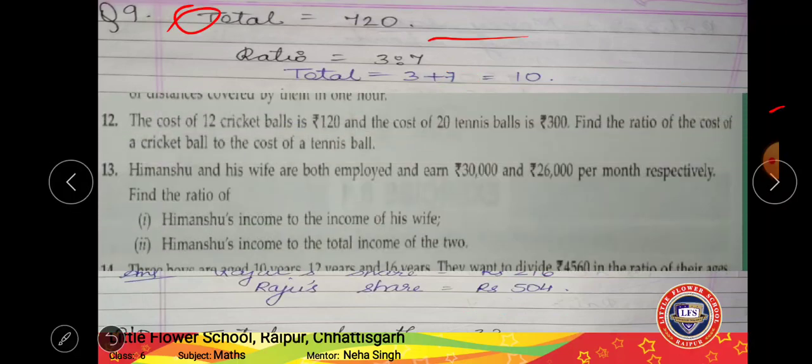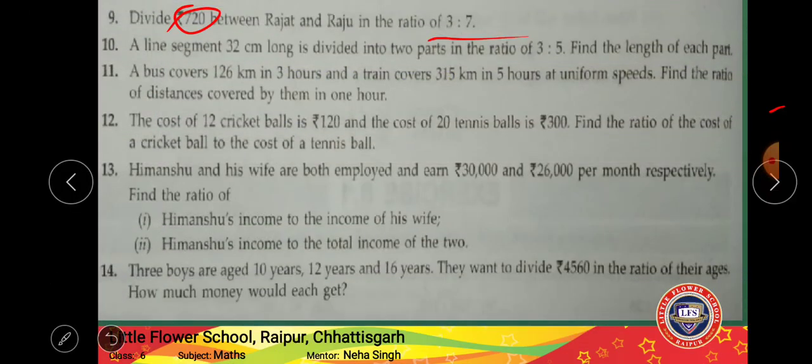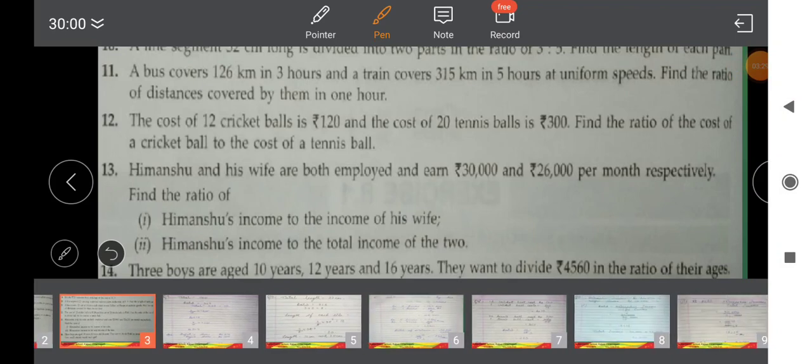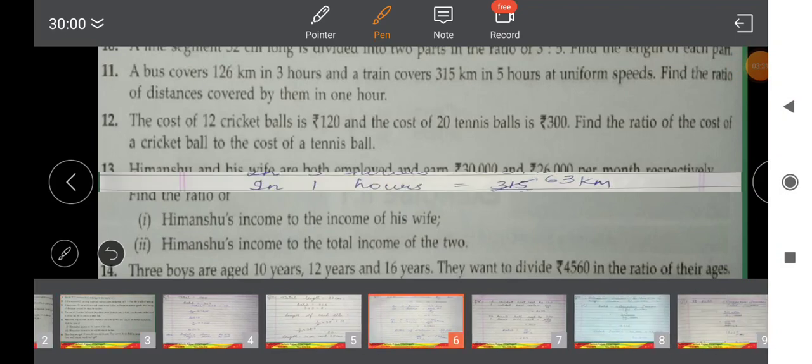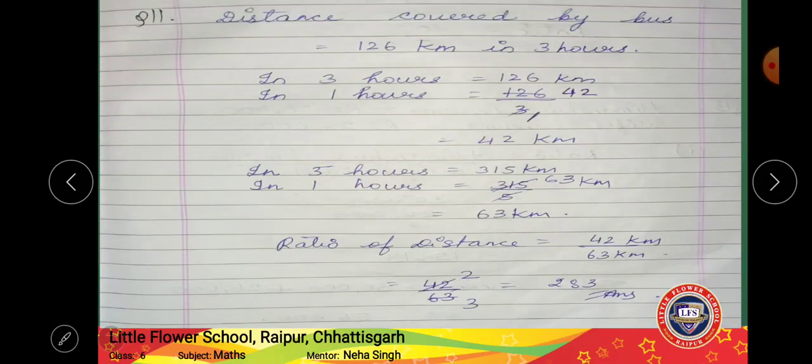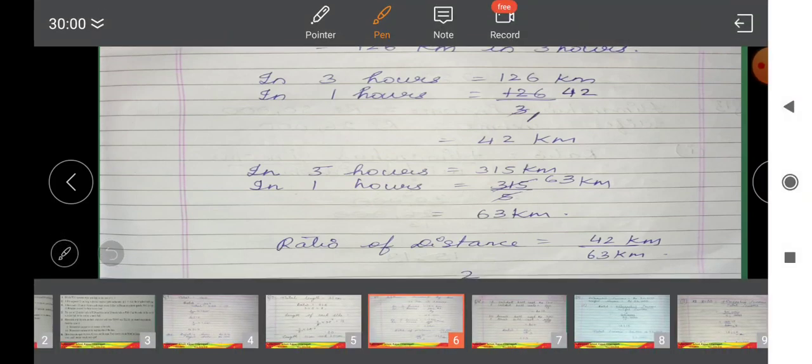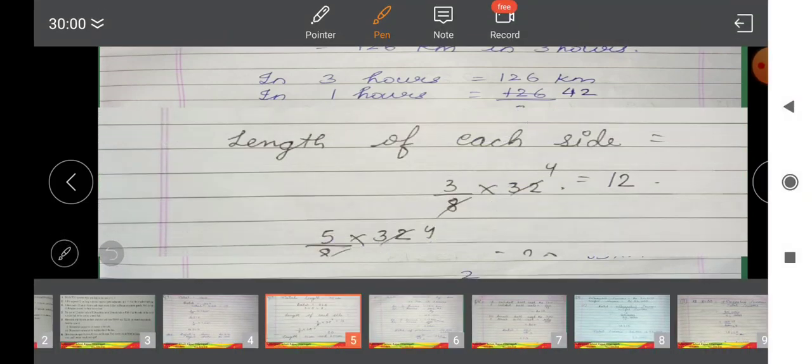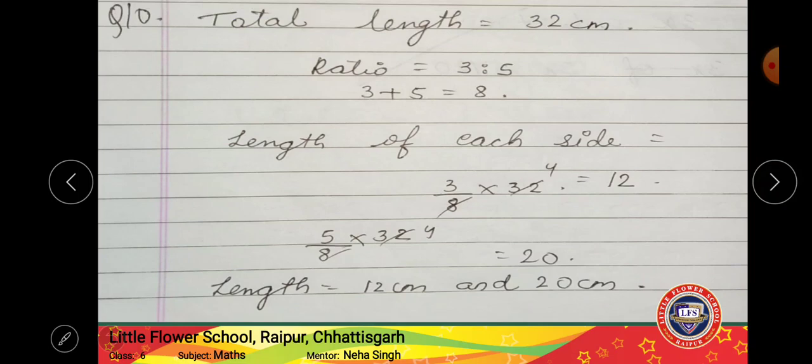Right? Now next question. A line segment 32 centimeter long is divided into two parts in the ratio 3:5. Find the length of each part. See, now all the questions we will be solving are of this same type, right? Line segment total length is given 32 centimeter.